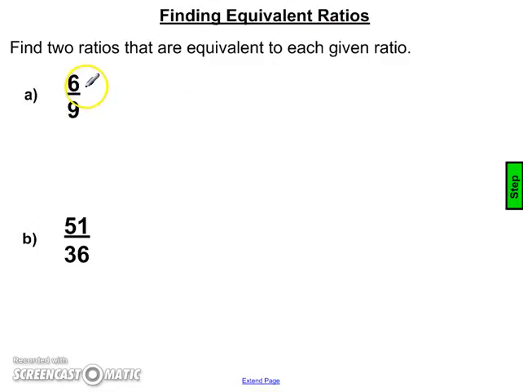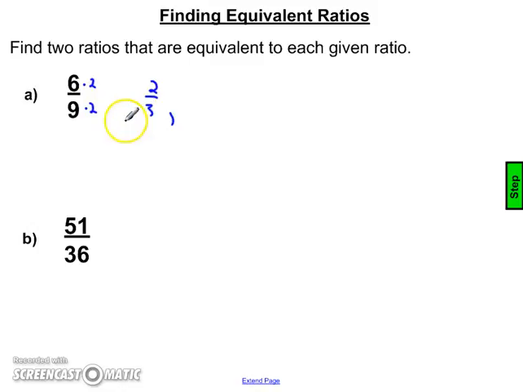So if I reduce this fraction, I know that 6 and 9 both divide by 3. If I divide 6 by 3, I get 2. If I divide 9 by 3, I get 3. So 2 to 3, or 2/3, is an equivalent fraction to 6/9, 6 to 9. So that's one possibility. Or, I could say multiply by 2, which is the common thing that most of you will do.